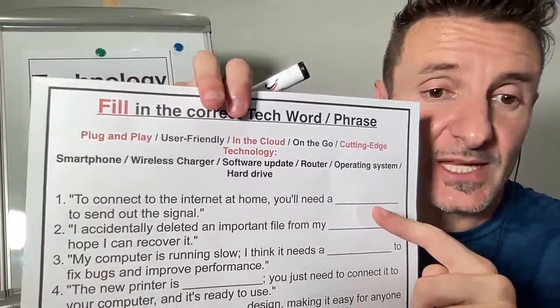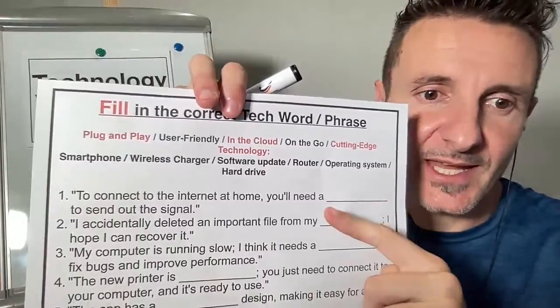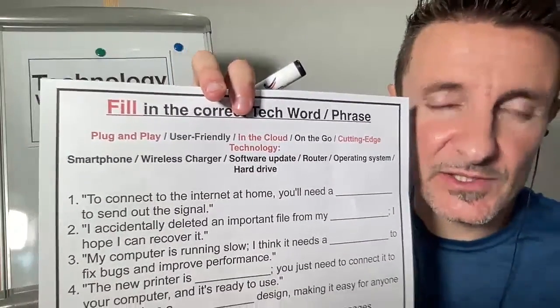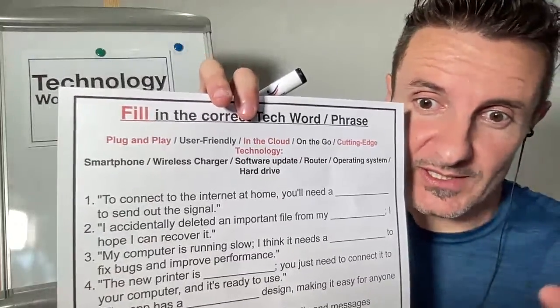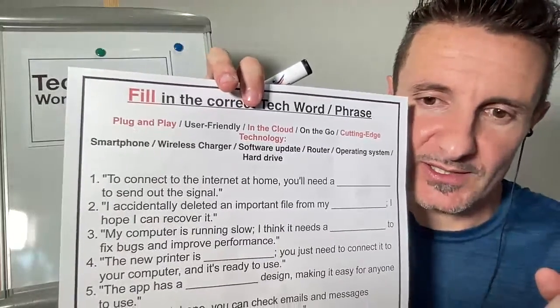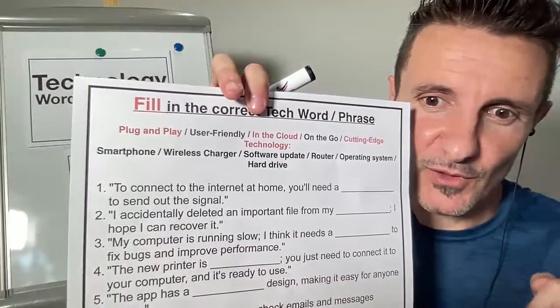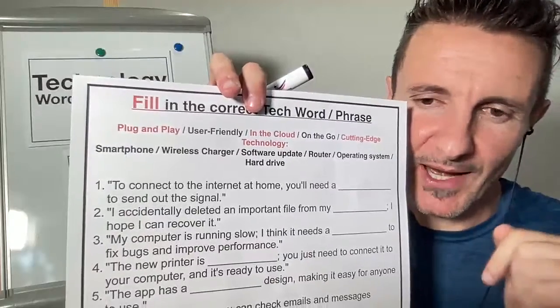To connect to the internet at home, you'll need a what to send out the signal? What do you need to send out the signal so you can get internet at home? Okay, Giorgio, you've got it. Krishnamurti, you've got it. Luan, you've got it. Mercia, you've got it. Lovely England, you've got it. Mamandu, you've got it. Miranda, you've got it.